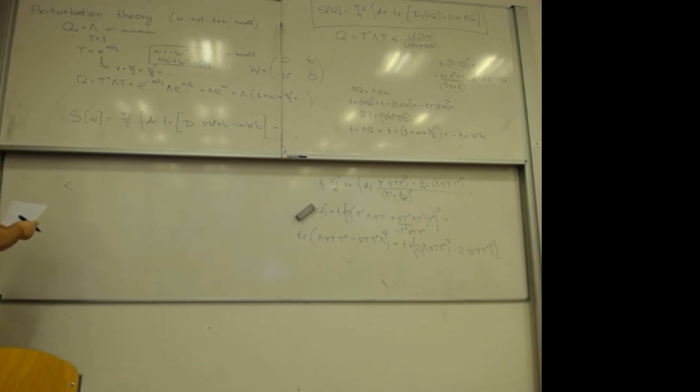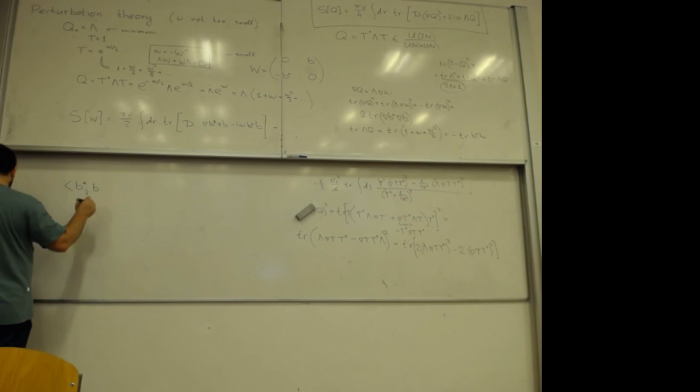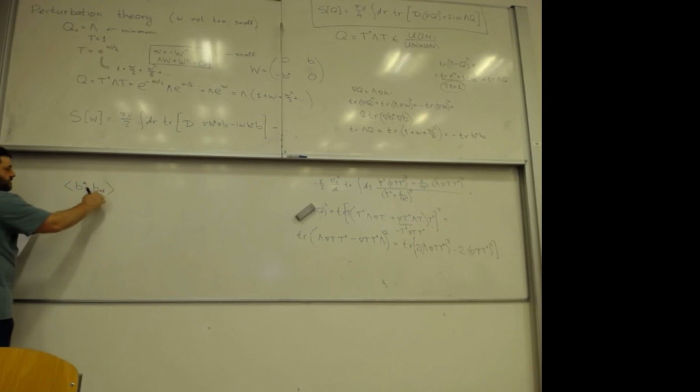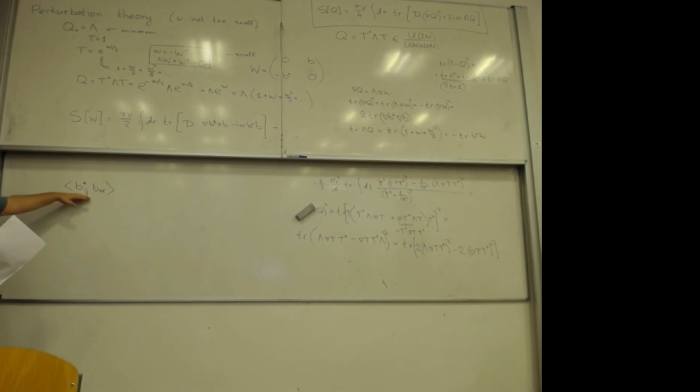the propagator. The average B star I J, B K L. Matrix elements of B, this is a Gaussian action, that's why there is only the second order average, and we can take any matrix element of B, we can compute its correlation with any other matrix element of B star.